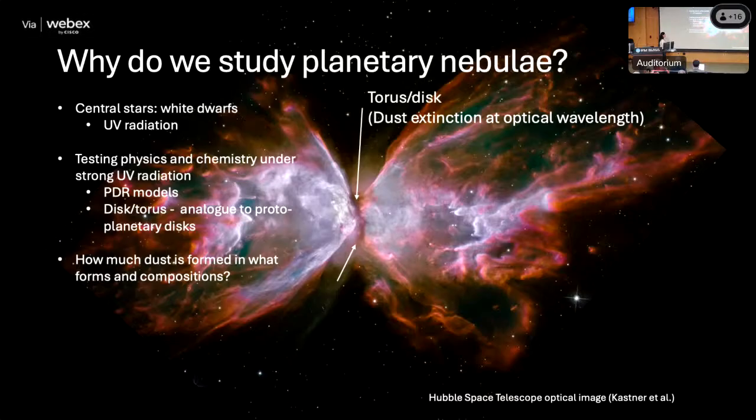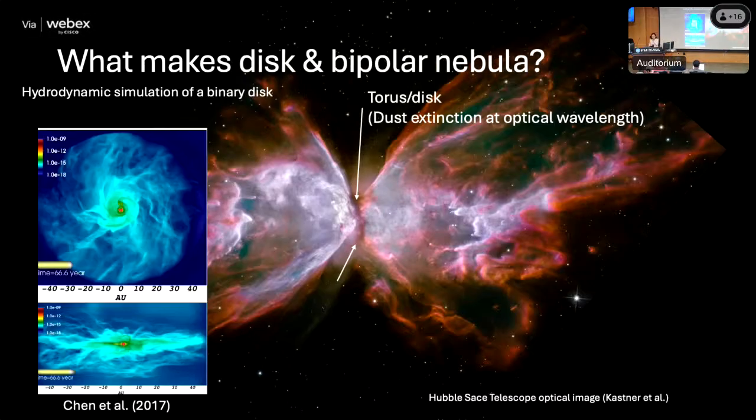It could be a PDR model, but we may actually need an XDR model as well. And it has a dusty disk, which can be an analog to a protoplanetary disk. The largest question in this particular field is which kind of dust has been formed in this type of stars and how much of the dust is ejected at the end of the stellar evolution of these stars.